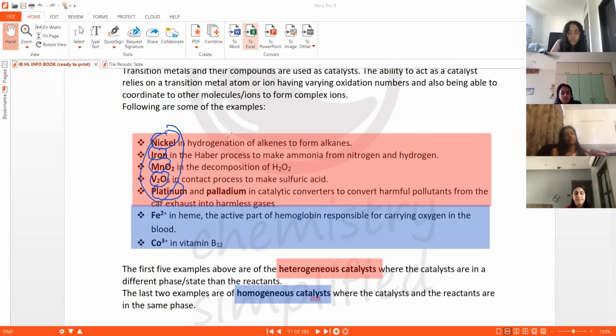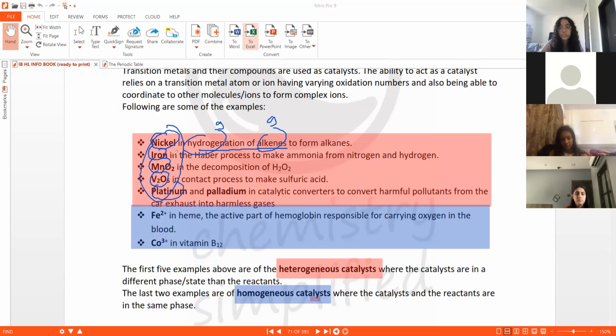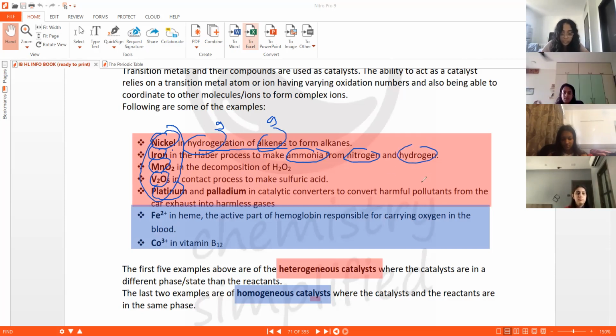But if you see the reaction, hydrogenation of alkenes, hydrogen is a gas, alkene is mostly gas. Iron, the solid, in the Haber process, ammonia is a gas, nitrogen is a gas, hydrogen is a gas. So you can see that the state is different. MnO2 is a solid, but H2O2 is a solution, a liquid. Okay.